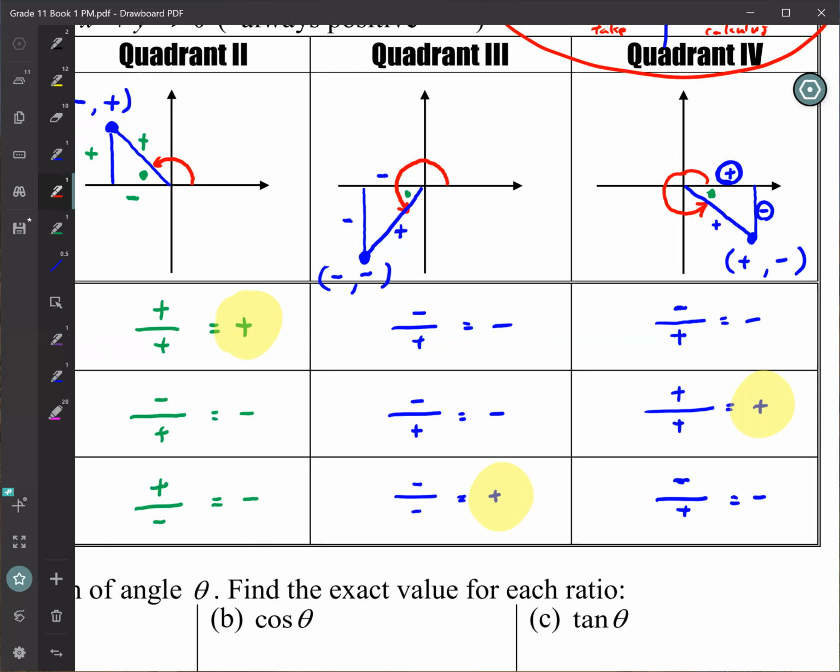Okay, Chris, where is sine negative? Quadrants 3 and 4. Okay, good. Colin, where is tangent negative? In 2 and 4. Yep. Elaine, where is sine negative?